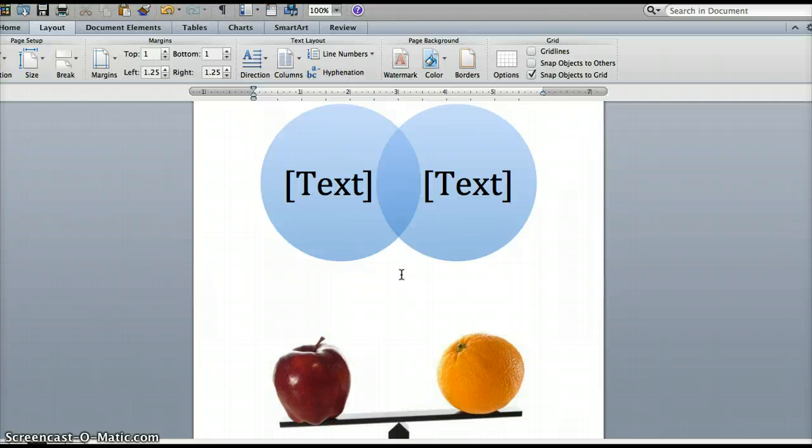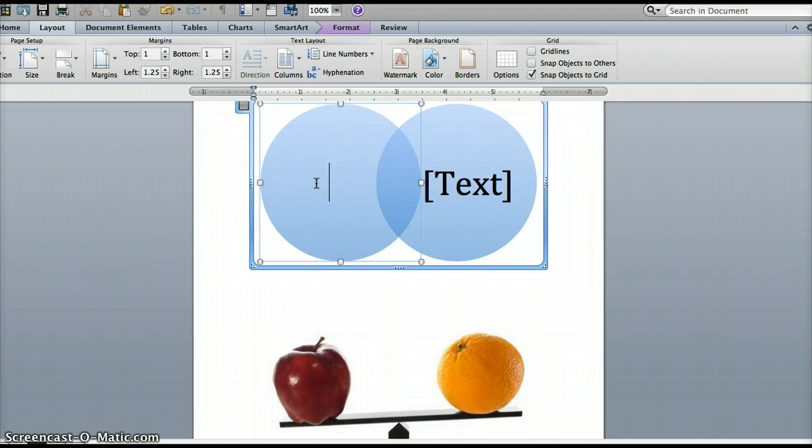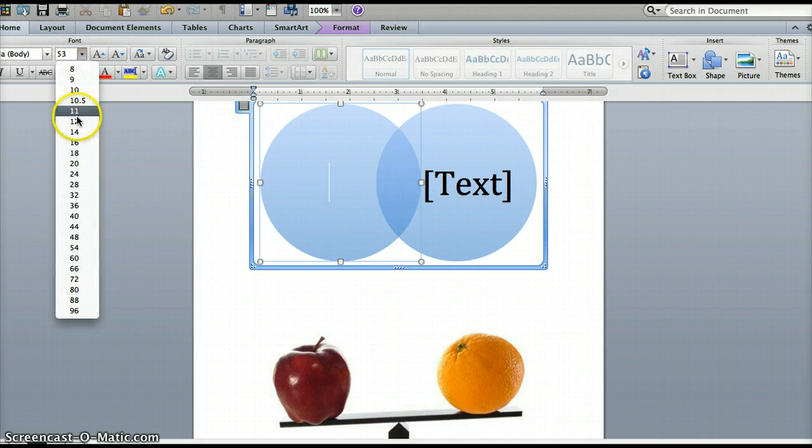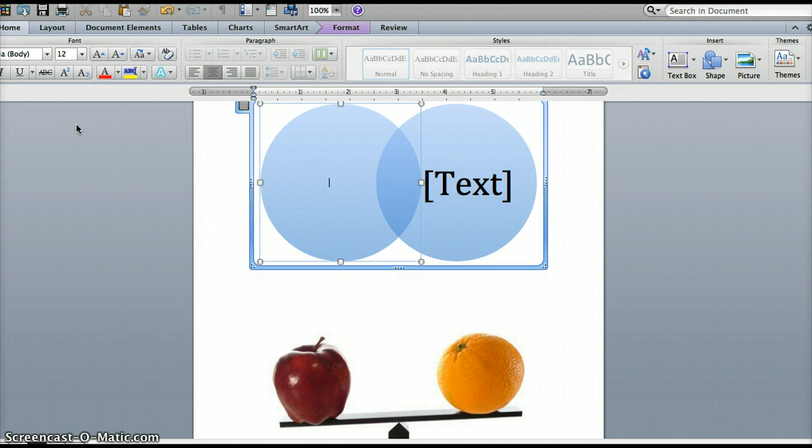obviously we have apples and we have oranges. So the first thing we want to look at is the differences. So obviously a difference would be that this is an apple. What else is different between an apple and an orange?